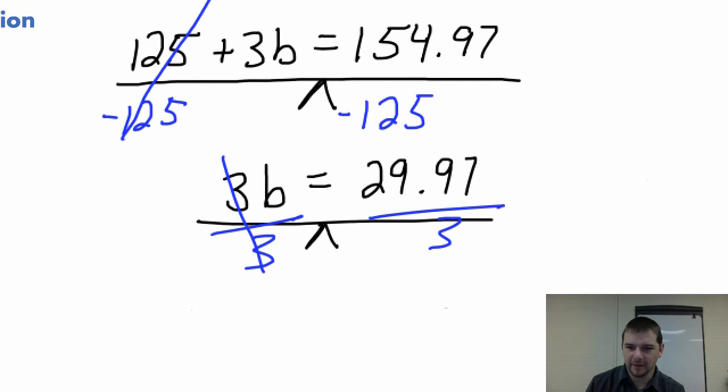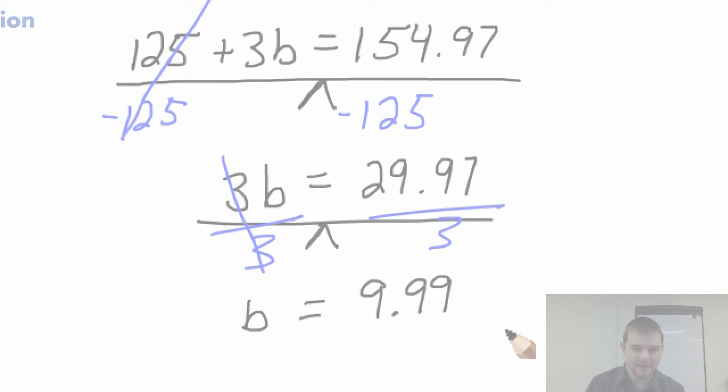Switching back to black, b remains on the left-hand side of our equal sign, or our teeter-totter, and 29.97, if I'm not mistaken, 999 is 1/3 of 2997.